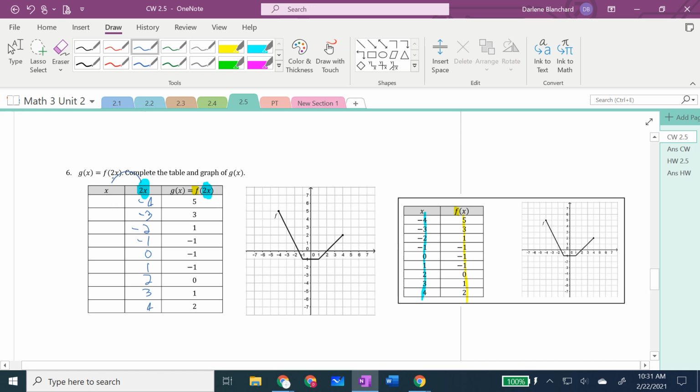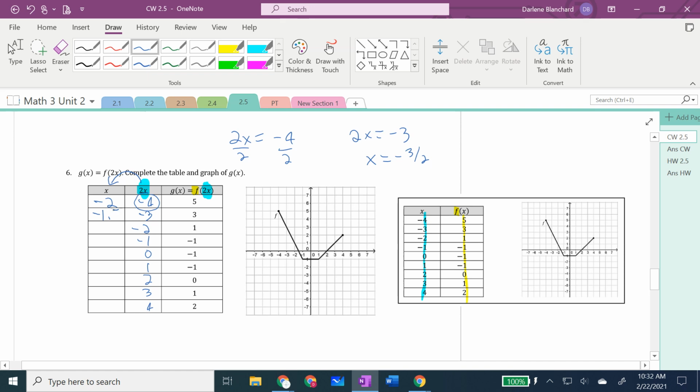I want to know what x is equal to in order to get 2x. So if 2x is equal to negative 4, then I divide by 2, and I get that x equals negative 2. If 2x is equal to negative 3, I divide by 2, and I get negative 3 halves, which is negative 1.5.